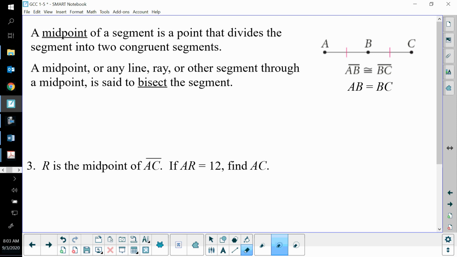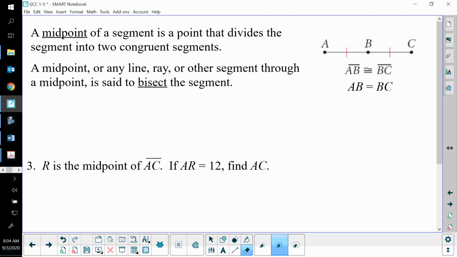Now, congruent might be a new word for you. You could also say equal. Equal we usually say when we're talking about the actual measure. Congruent we say when we're talking about the physical segment itself. We will see congruency a lot this year. The congruent symbol is the equal sign with the squiggly sign above it over there. We could use those interchangeably.